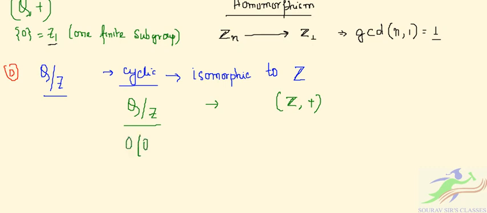So in this group we'll find that many elements will be finite, whereas in this particular Z, it has only one finite order element, the identity element, so its order is 1, right?